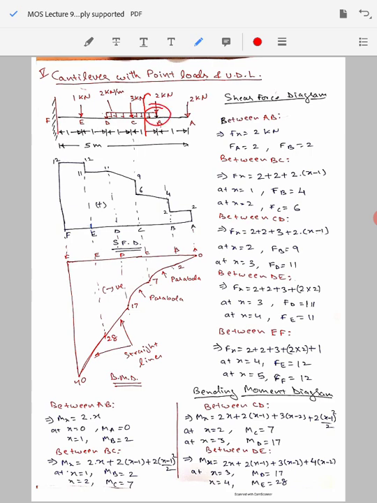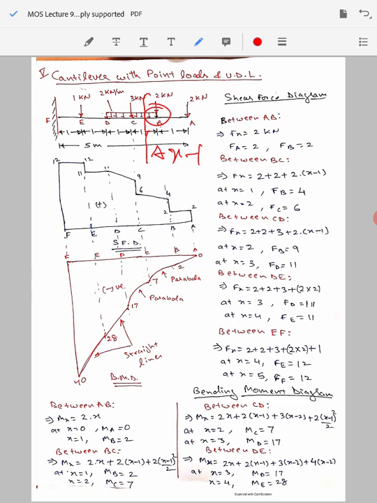You see here this portion. In this portion a uniformly distributed load of 2 kilonewton per meter is also acting on this body. So the magnitude of the force acting because of this uniformly distributed load will be equal to the UDL value, that means 2 kilonewton per meter, multiplied by the distance over which it is acting. If we say that this is my x here, from the free end, that means from point A to the point where the beam is assumed to be cut is distance x.